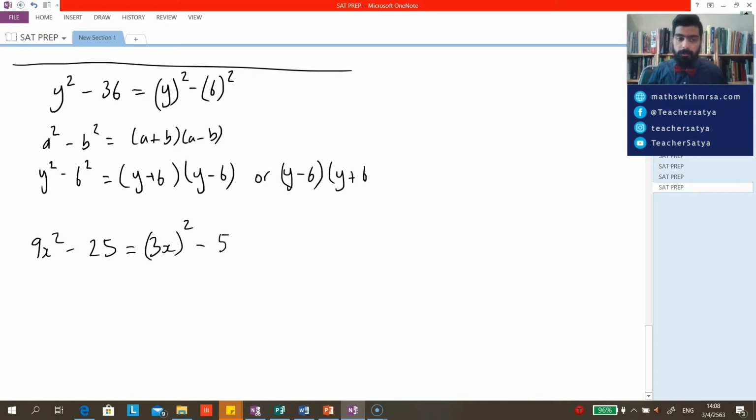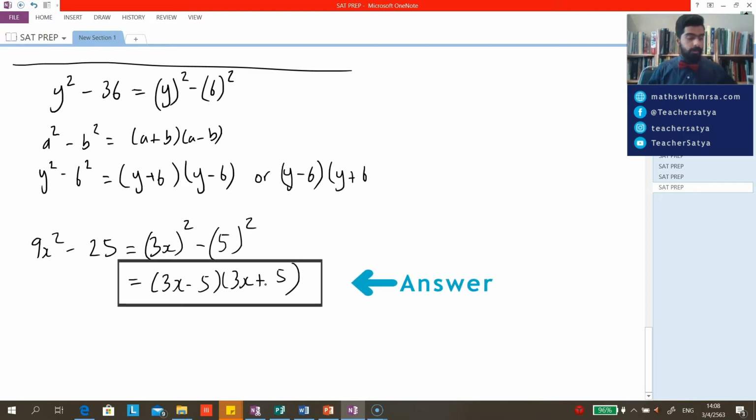We can also write it as 5 to the power of 2. And from the above algebraic identity, we know that a squared minus b squared is equal to a minus b, a plus b. So let's write it as 3x minus 5 and 3x plus 5. Right guys, here we go.